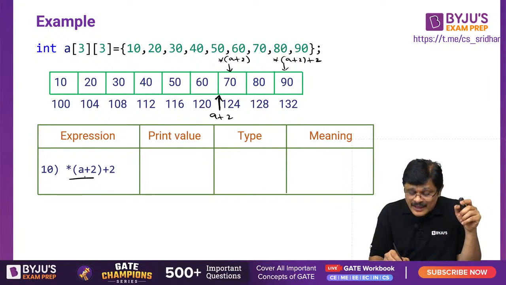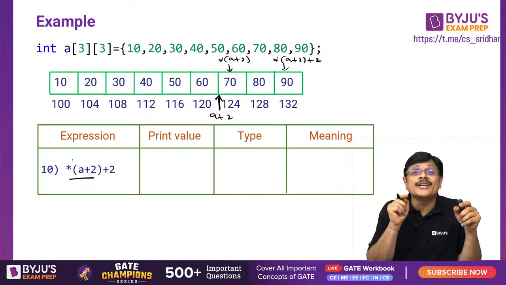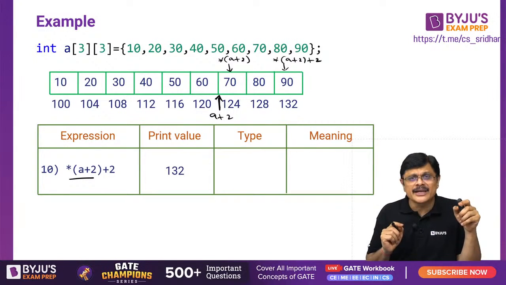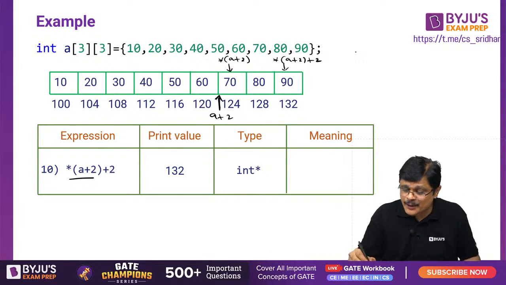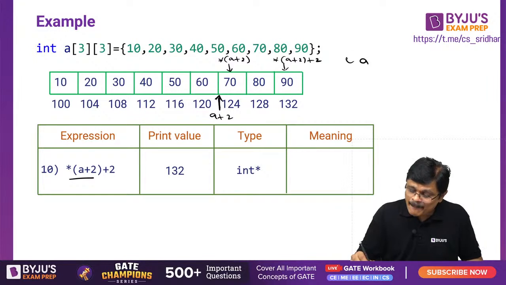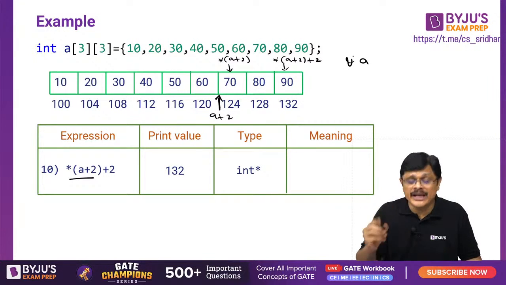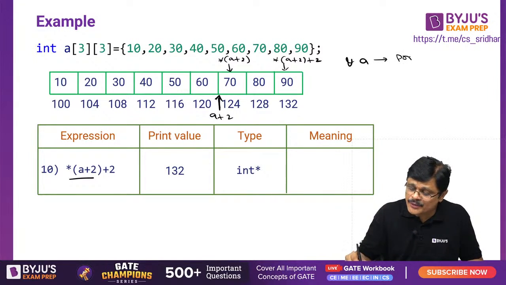Star A plus 2 is a pointer to integer. The answer is simple 132, but it is what type, sir? It is pointer to an integer. See here you need to understand this. Ampersand A is pointer to 2D array. We write like int star, like this.